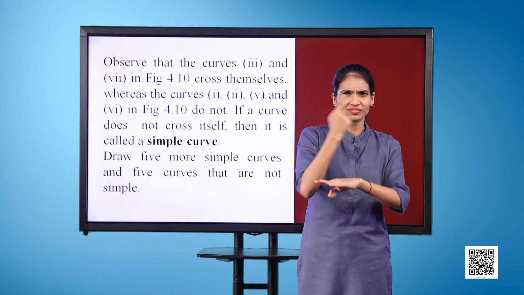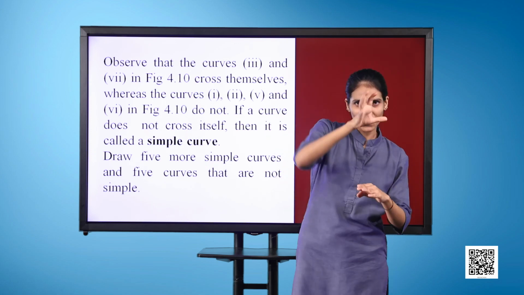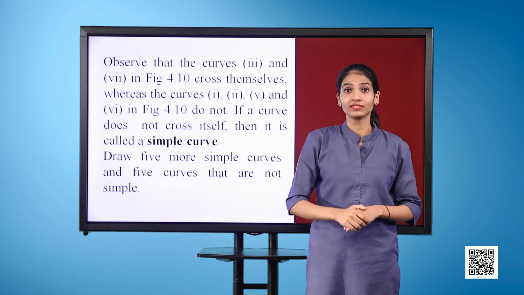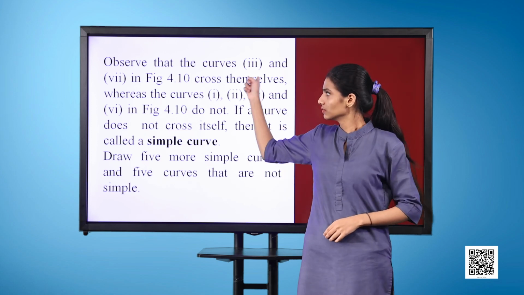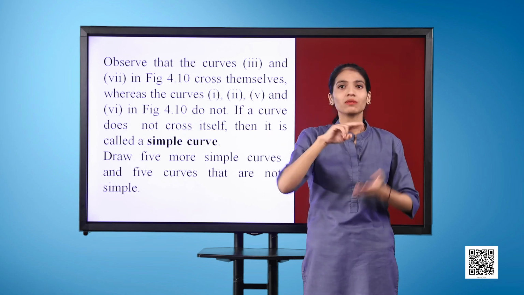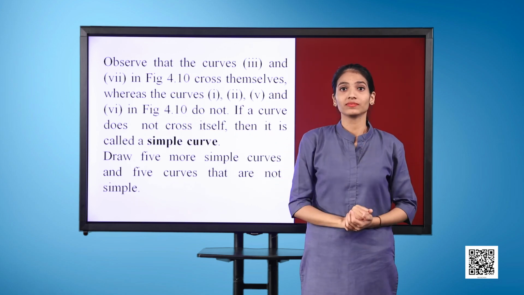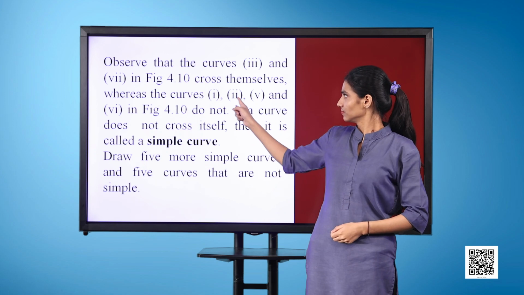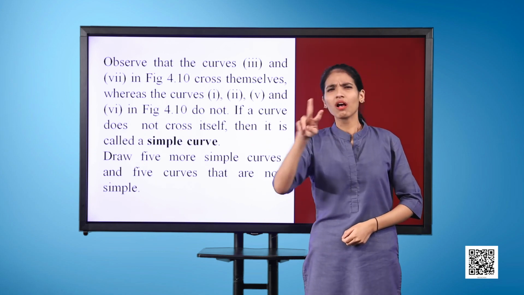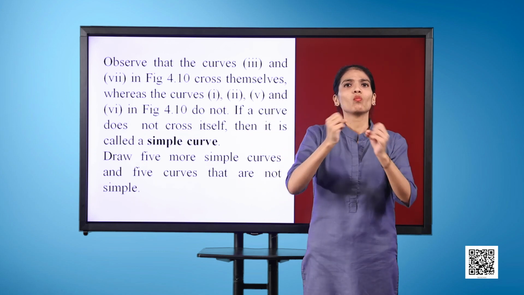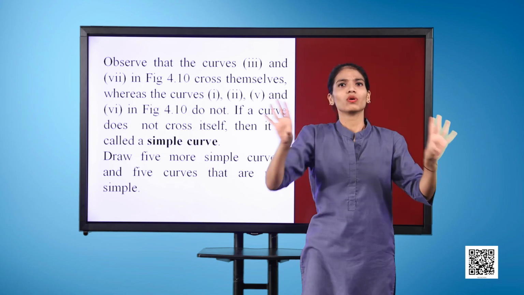Observe that the curves 3 and 7 in figure 4.10 cross themselves, whereas the curves 1, 2, 5 and 6 in figure 4.10 do not.